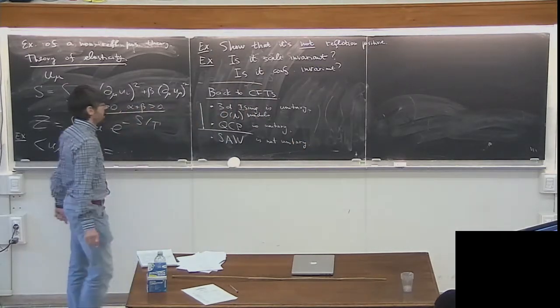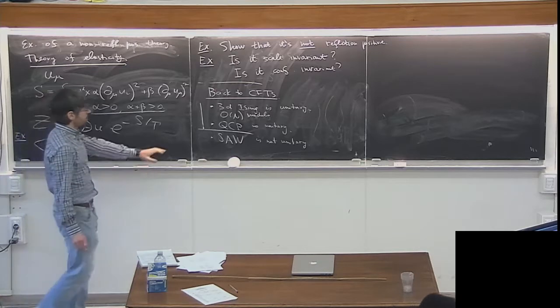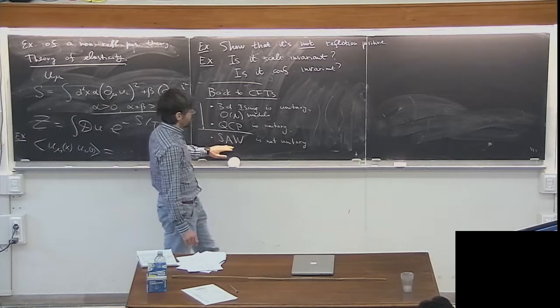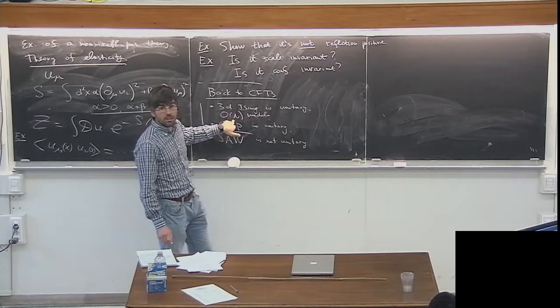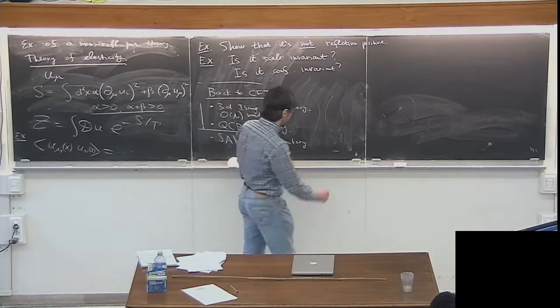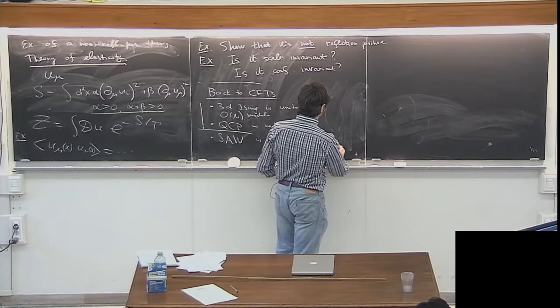The way you understand this is that self-avoiding walks can be obtained from O(N) models by taking the limit of N going to 0.